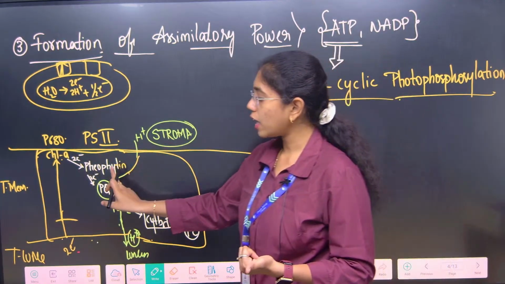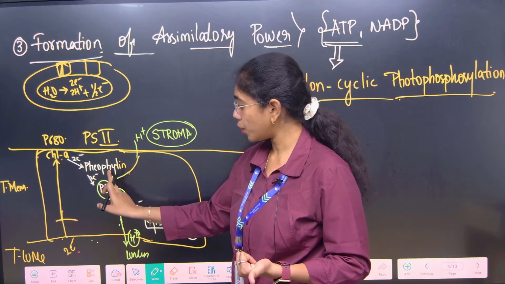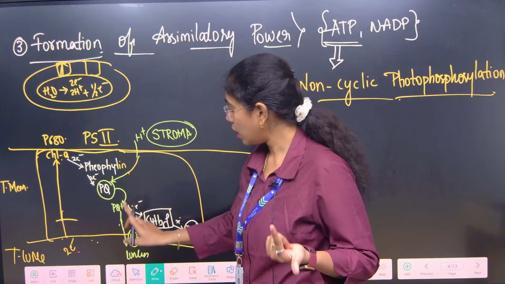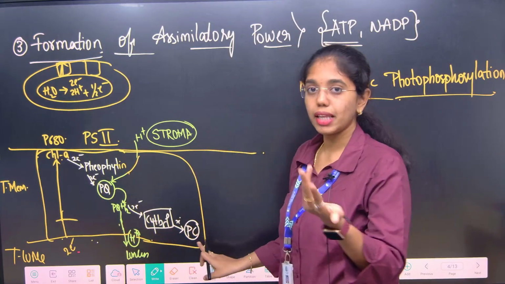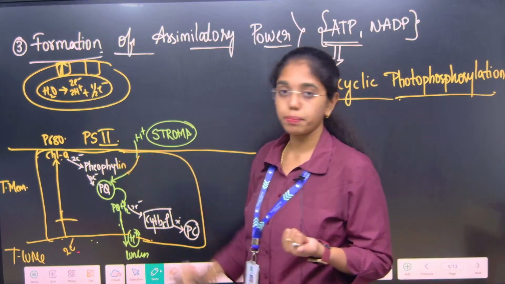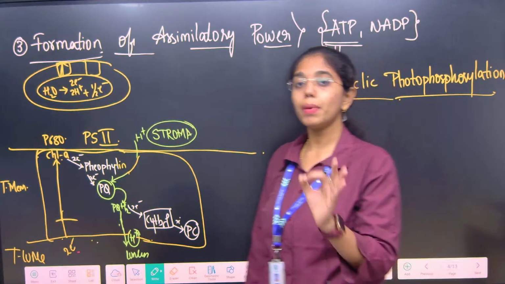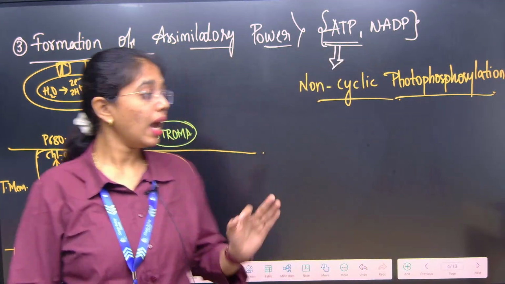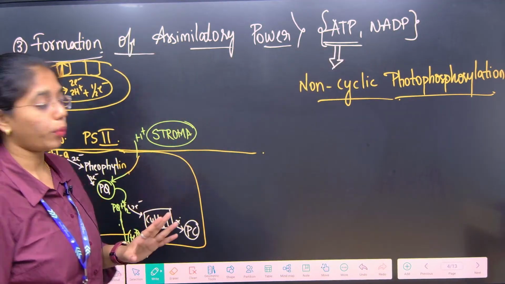What is the primary electron acceptor of photosystem 2? Pheophytin, then plastoquinone, then cytochrome B6F, then plastocyanin. Plastocyanin is the last electron acceptor of photosystem 2. Remember all these statements carefully, and the electron flow is very important.